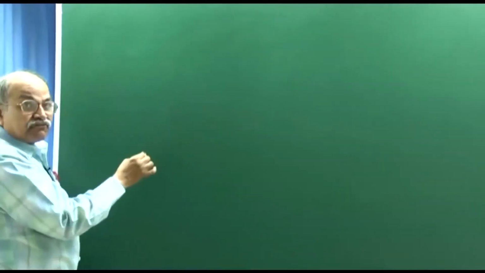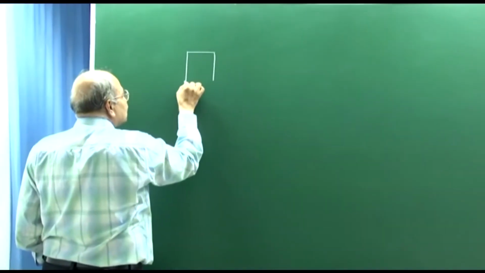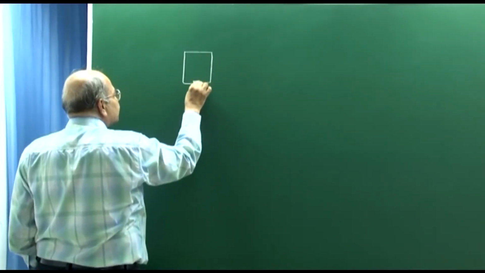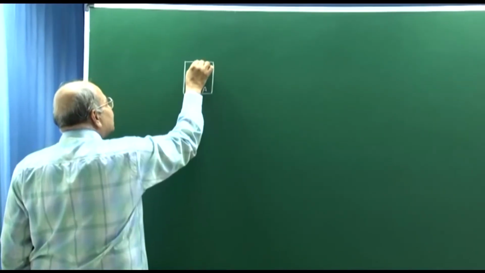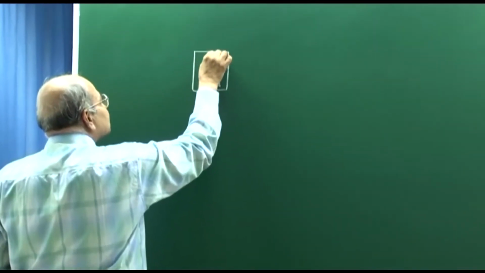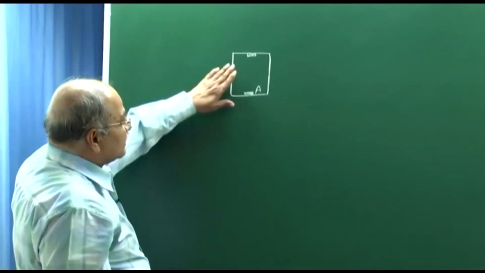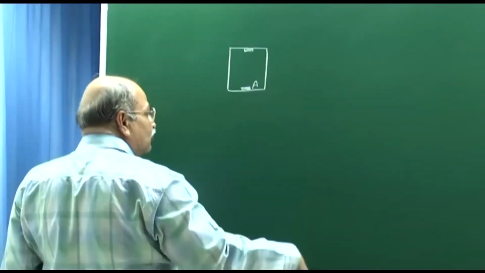So we have this box which is our frame. In this box we have this ring magnet here, call it magnet A. I have another magnet here. To start with, everything is stationary and then the box is allowed to fall.